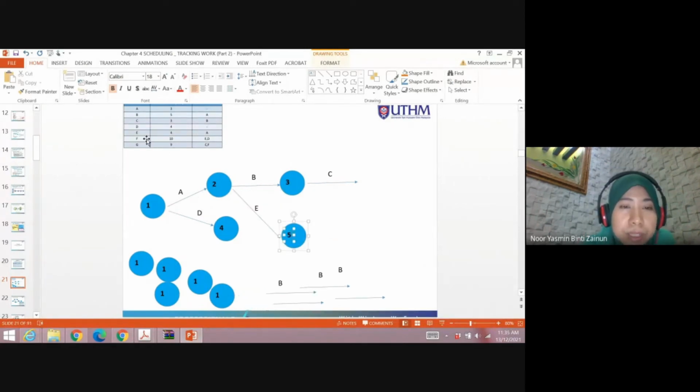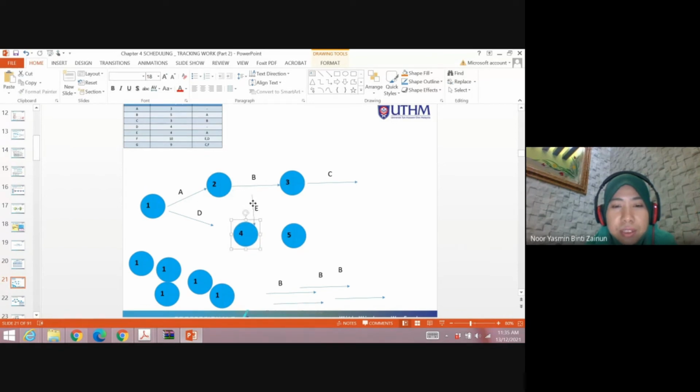The F, the predecessor is E and D. So you do not have this node. Pakai komputer boleh lah. Tarik-tarik je.